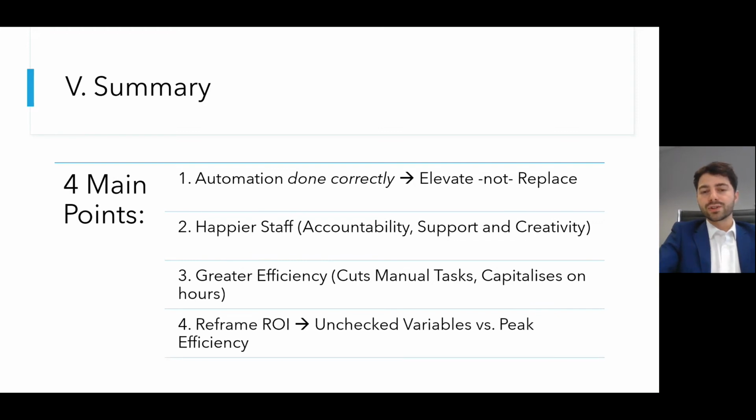And then finally, just reframing that return on investment, like I said. Any business that's interested in automation, that likes the idea, I think you would need to just think for a moment about how some of those unchecked variables of your current process compare to a process which is working at peak efficiency, and just think about that negative money which might be saved if you looked into it a little bit and just saw what it could offer to your business, basically.